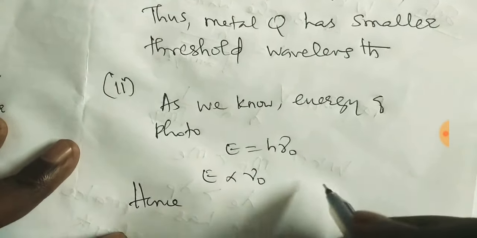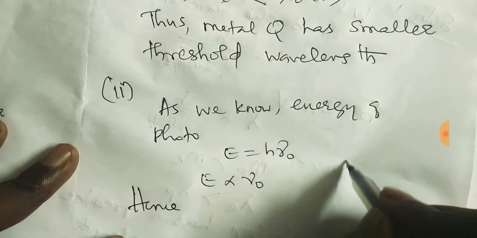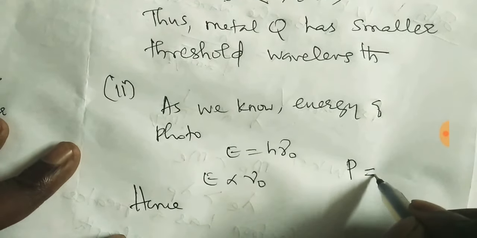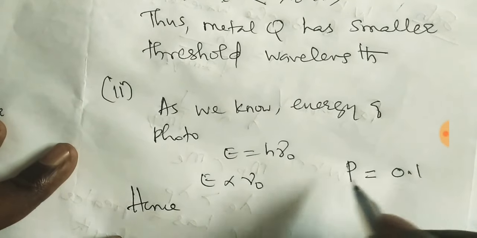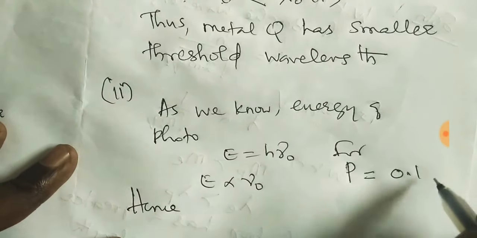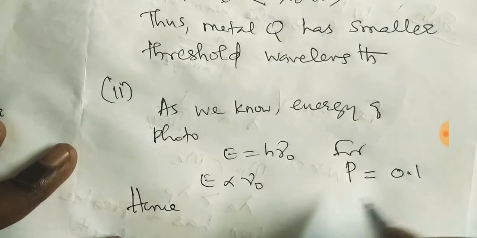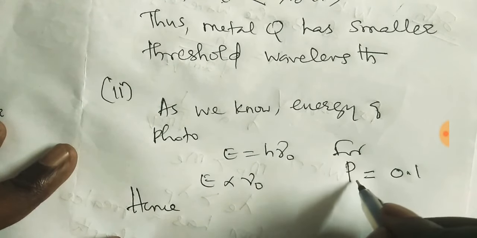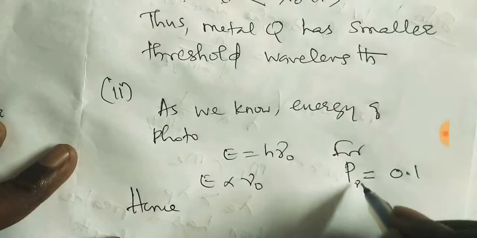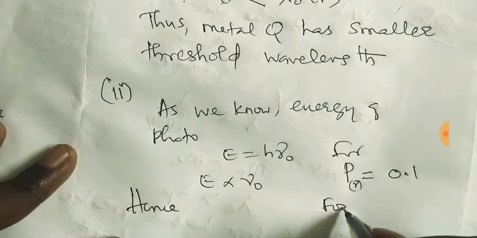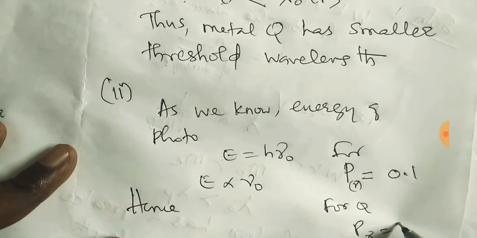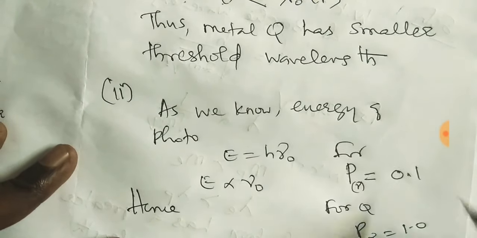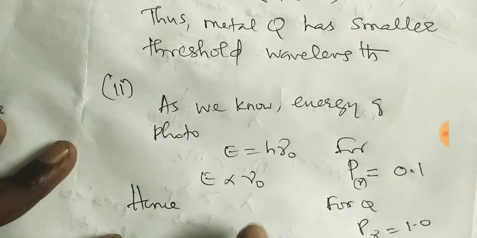Because for P it is 0.1 nu naught, and for Q the nu naught value is 1.0, which will have a larger kinetic energy.